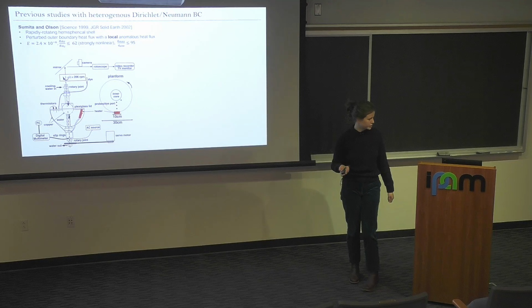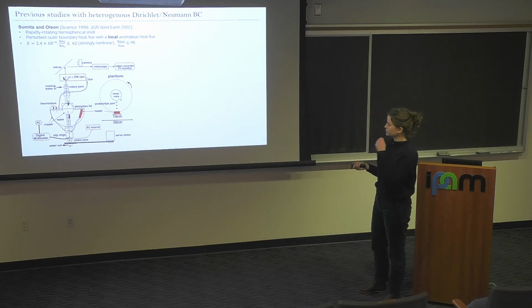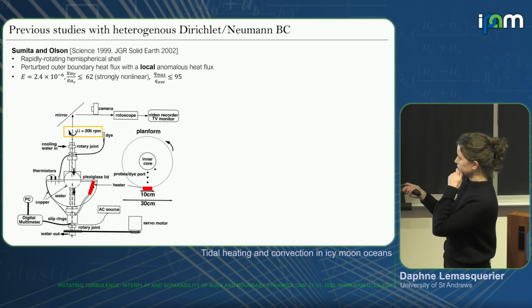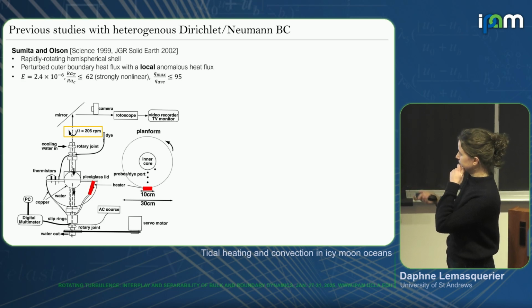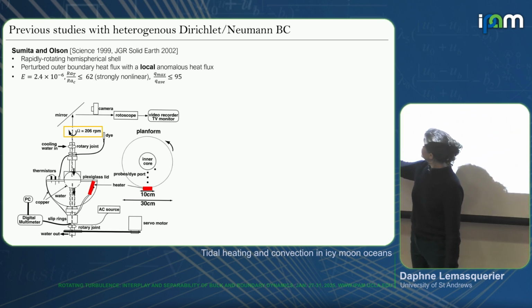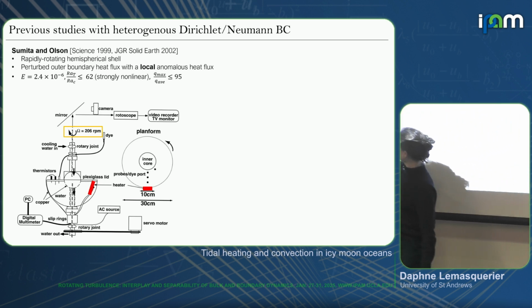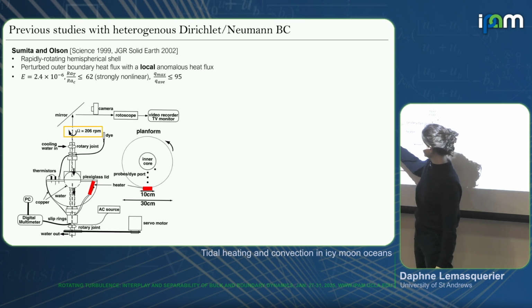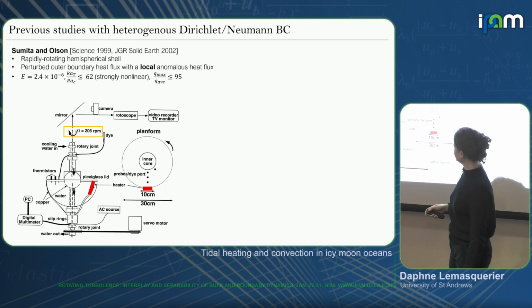Okay, so I've tried to find also data from laboratory experiments. There's this experiment by Sumita and Olson in 1999, which consists of a rapidly rotating hemispherical shell. The interior is maintained at a lower temperature compared to the exterior of the hemisphere.